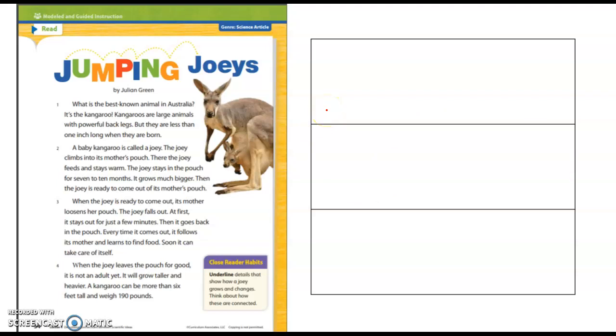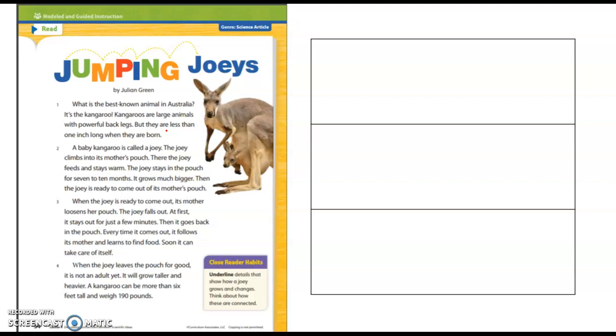Let's read about joeys. What is the best known animal in Australia? It's the kangaroo. Kangaroos are large animals with powerful back legs, but they are less than 1 inch long when they are born. A baby kangaroo is called a joey. The joey climbs into its mother's pouch.